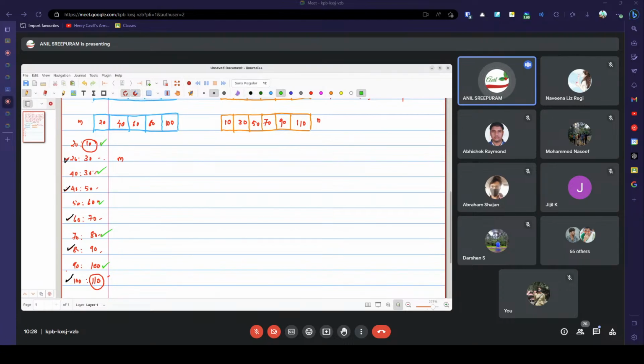How many such elements are placed? Every element except the last element, because 110 is placed here only. The last element is compared with the 100, so the 100 will be getting placed. So this 110 will be placed only if we copy the second array to the merged array. Otherwise, it is not getting placed.